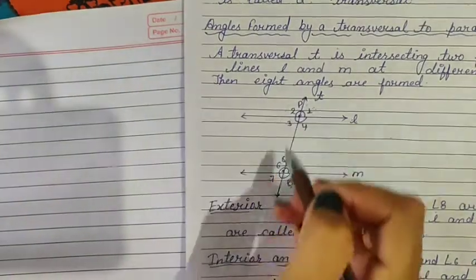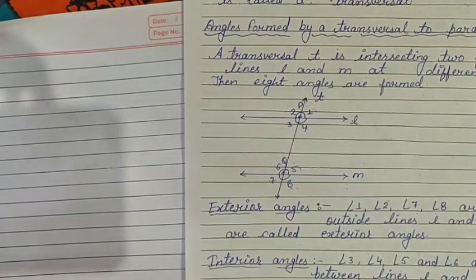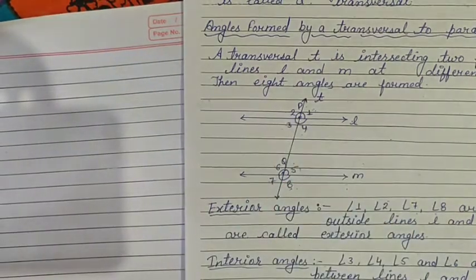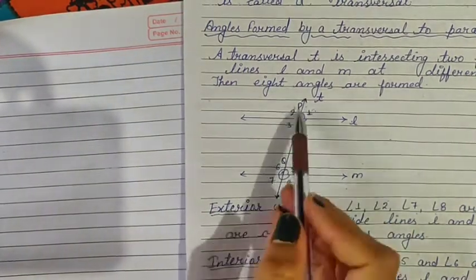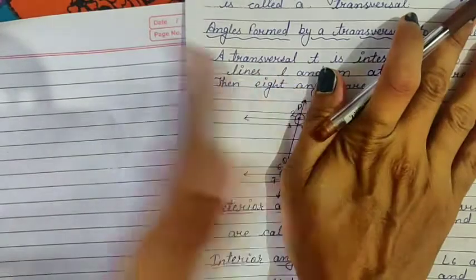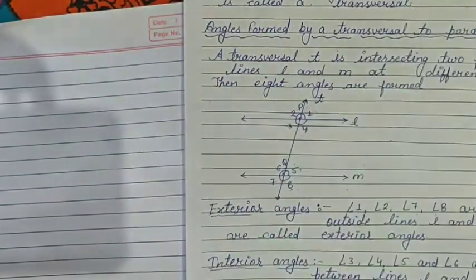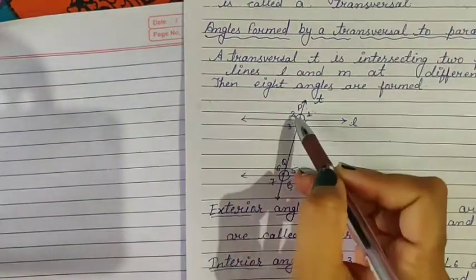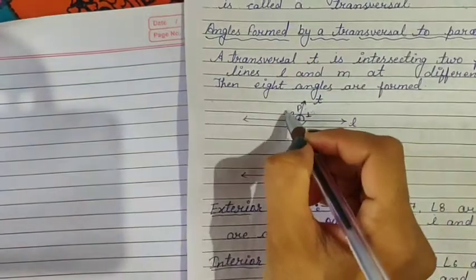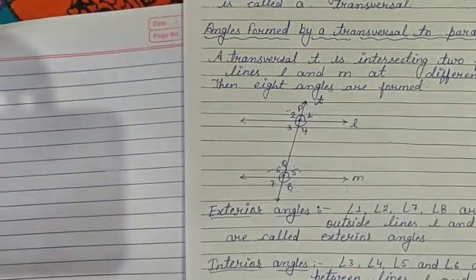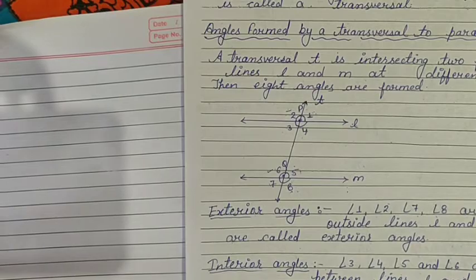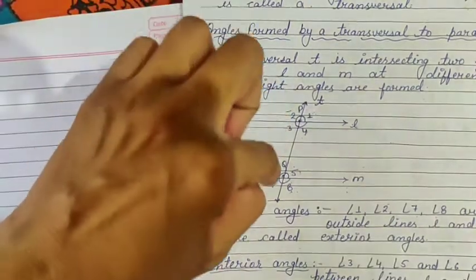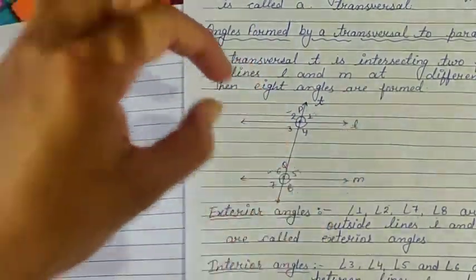Why are angles 2 and 6 corresponding angles? Because these two angles are on the same side of this transversal. Okay, these two angles are on the left hand side of this transversal and one of these two angles is an exterior angle and one is an interior angle, and both of them, angles 2 and 6, do not form a linear pair.